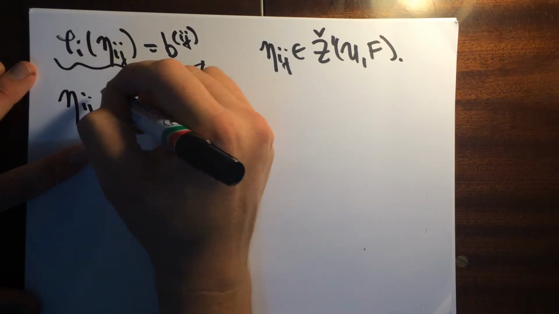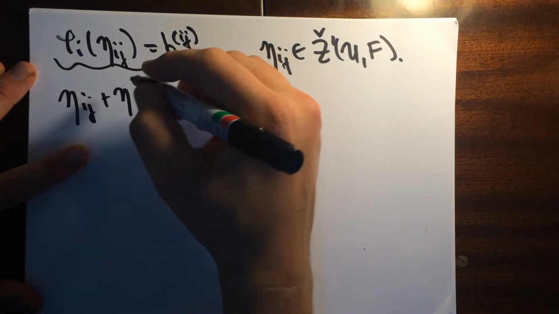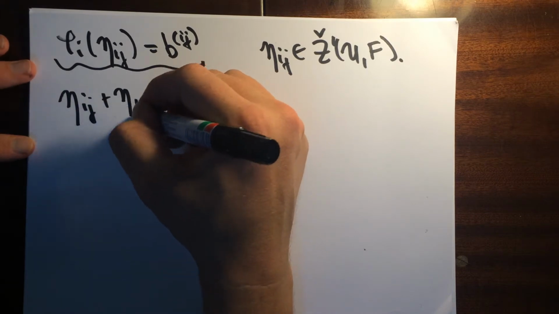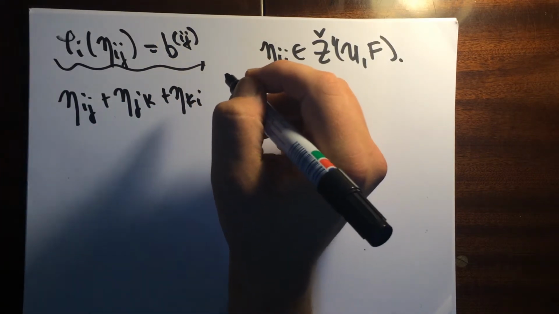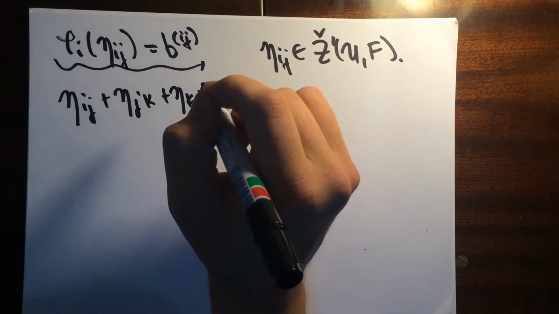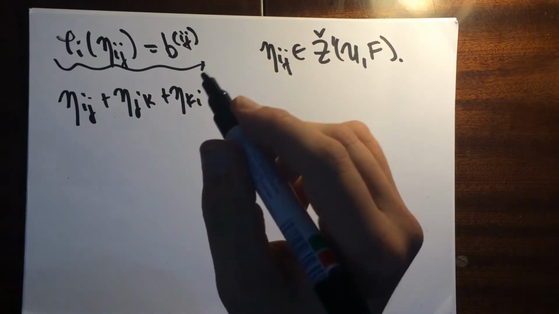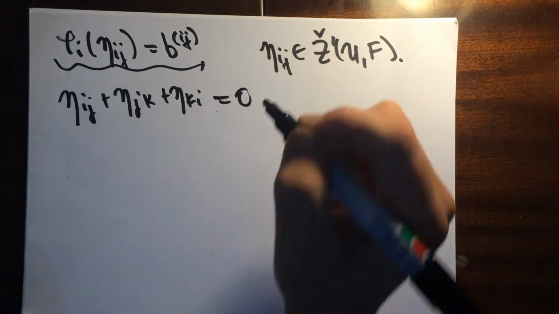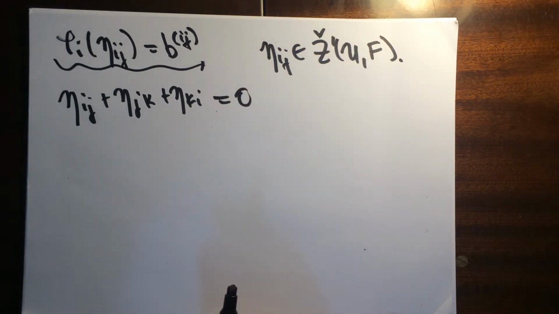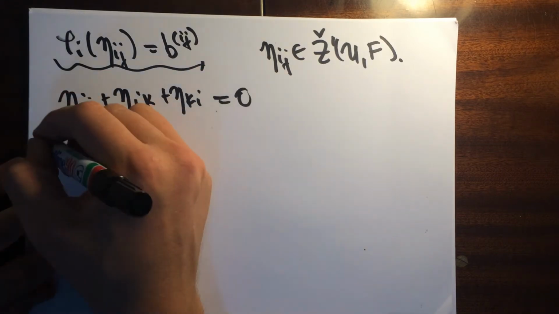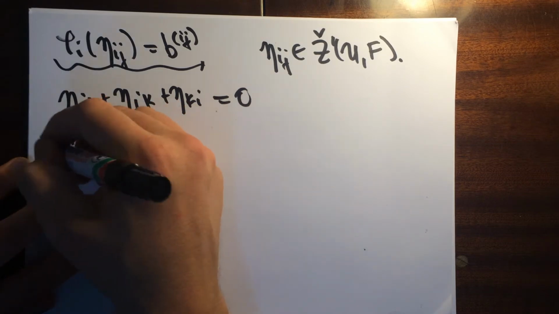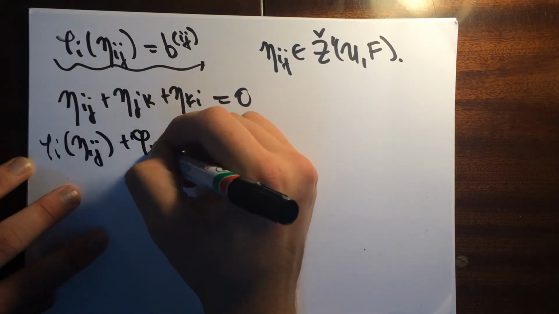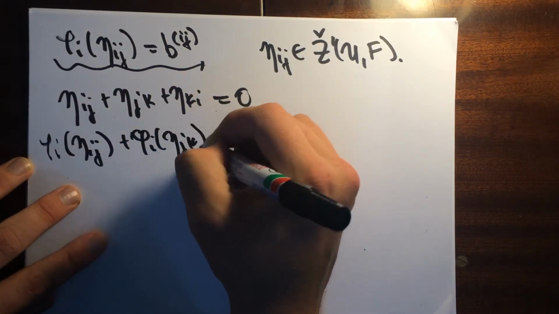We have this condition: eta ij plus eta jk plus eta ki. Okay, so this is 0. And now we can apply phi to all of these. Phi eta ij. And so this is a homomorphism, so I just apply phi to this whole thing.